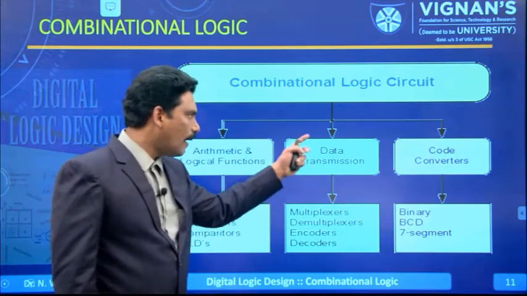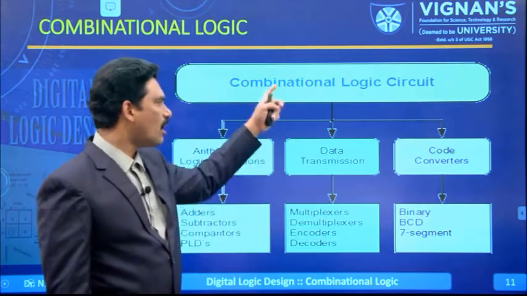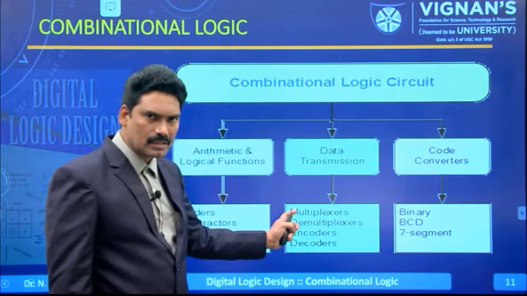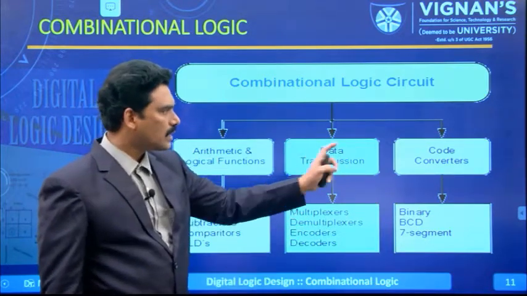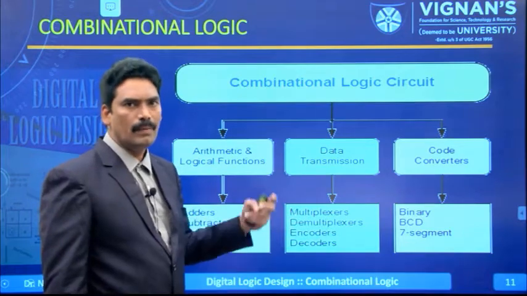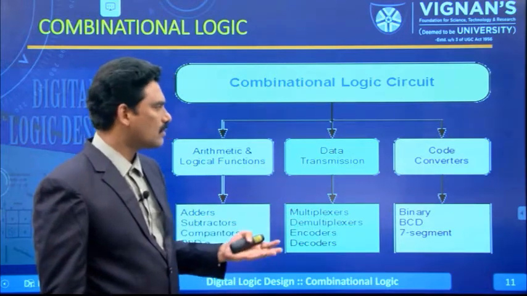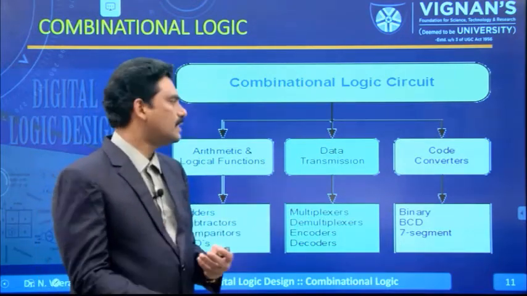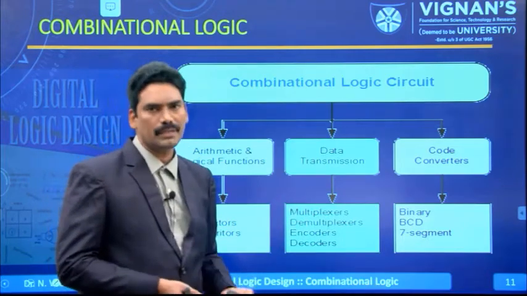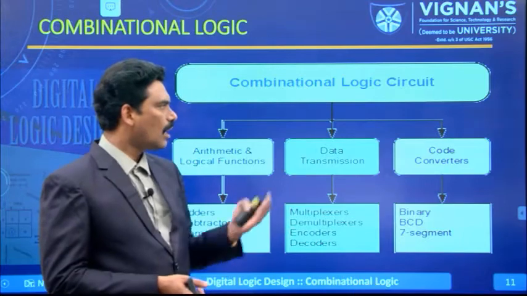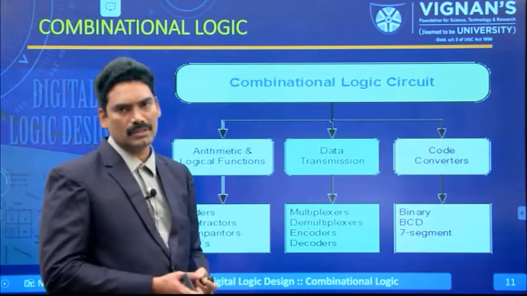The examples of data transmission combinational circuits are multiplexers, demultiplexers, encoders, and decoders. Code converters include binary to binary code converter, binary to BCD, BCD to binary, and 7-segment display. These are the code converter examples for combinational circuits.